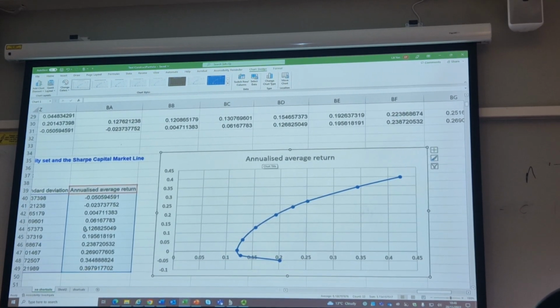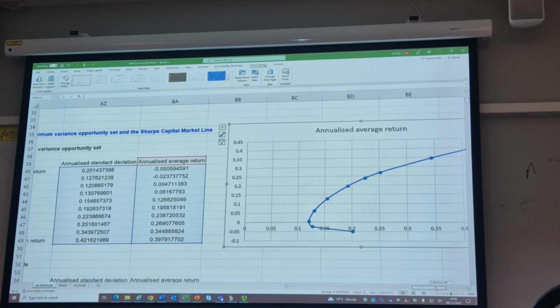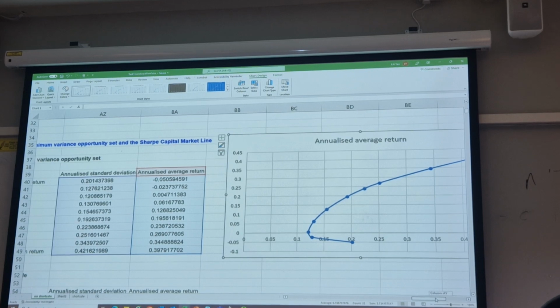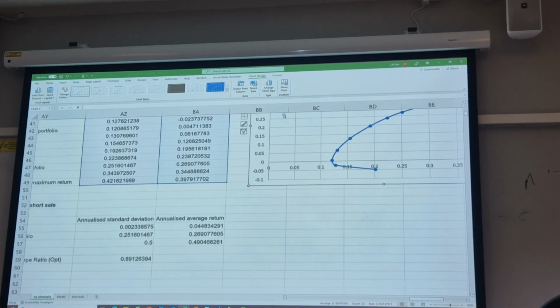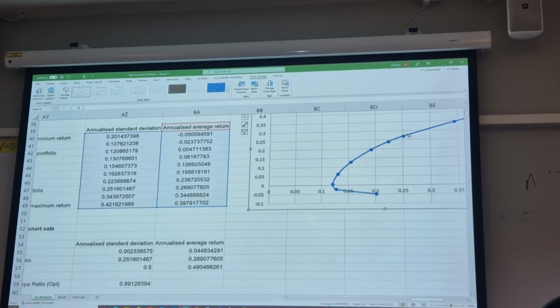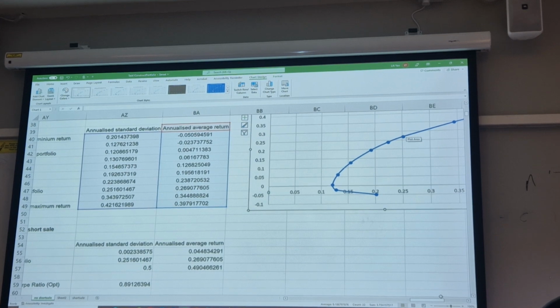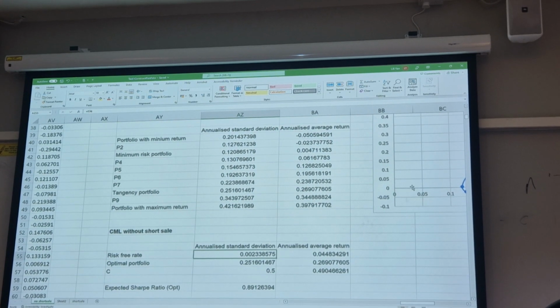Next is to get the capital allocation line. Remember, the capital allocation line connects the risk-free rate and the tangency portfolio. So I just move the risk-free rate and tangency portfolio here.